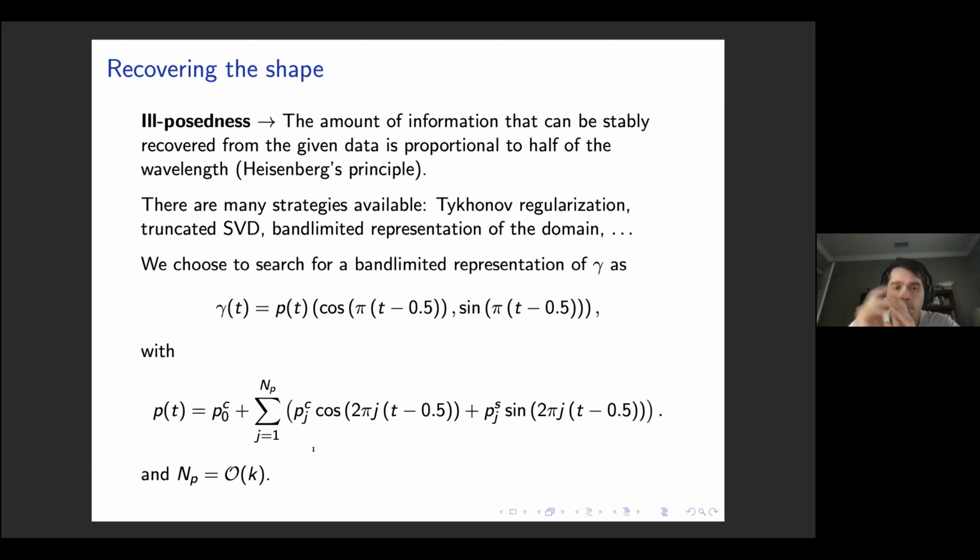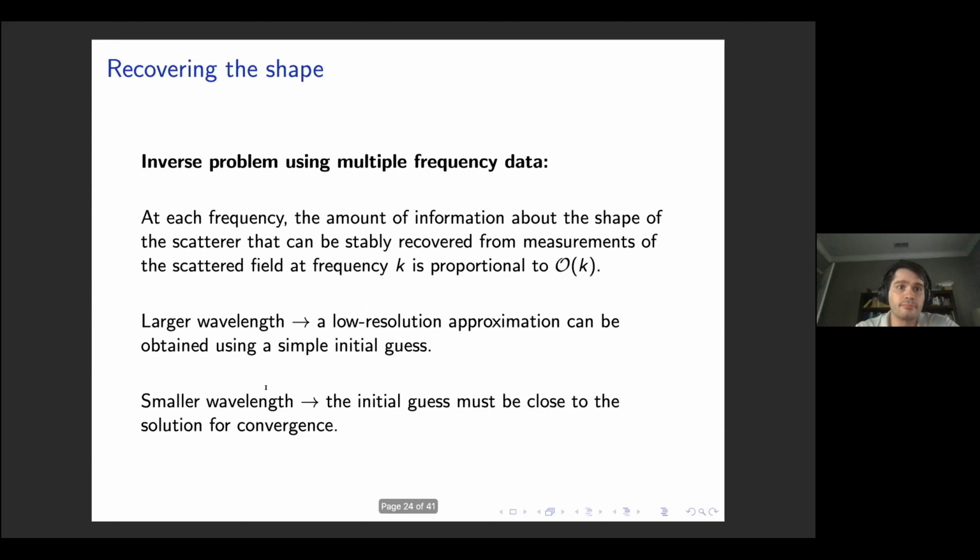The gamma is equal to a trigonometric polynomial times cosine of angle, sine of angle. And this trigonometric polynomial is going to be limited by the number of modes. So that is what I mean by the band limited representation of the domain. And this number of terms of the trigonometric polynomial is going to be proportional to the wave number.